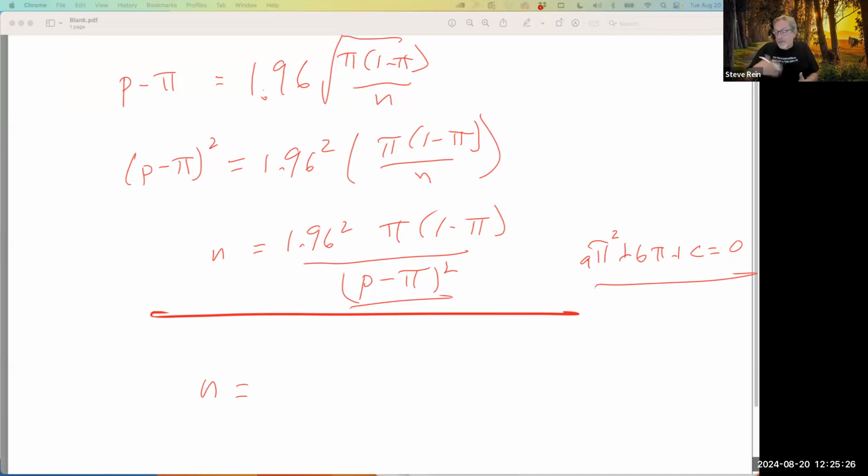x, the number of actual successes. Okay, so let's remember p was x over n. I could write that as x plus 1.96 over n plus 1.96 squared. So I'm going to go with x plus 1.96 over n plus 1.96 squared.